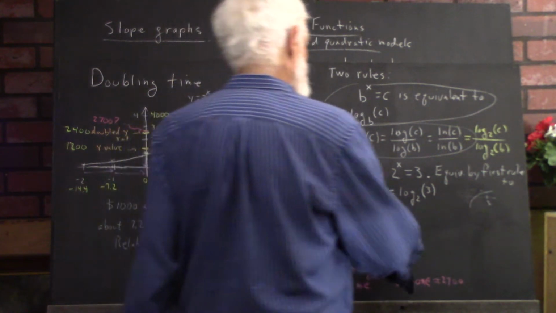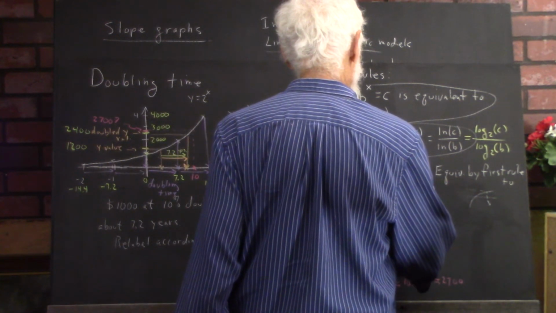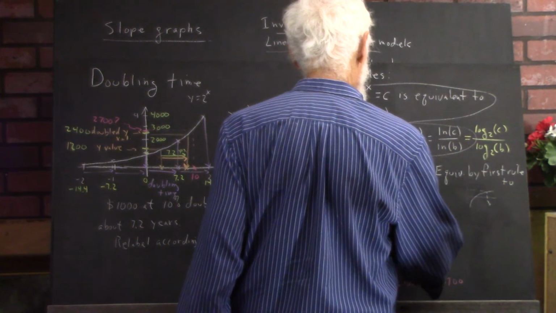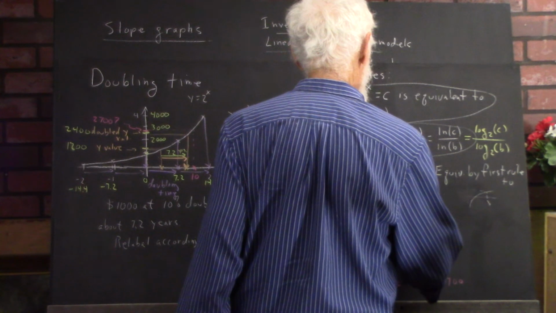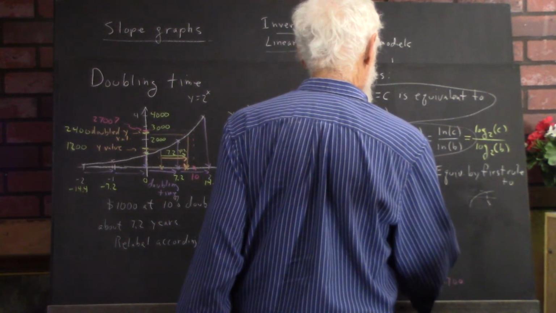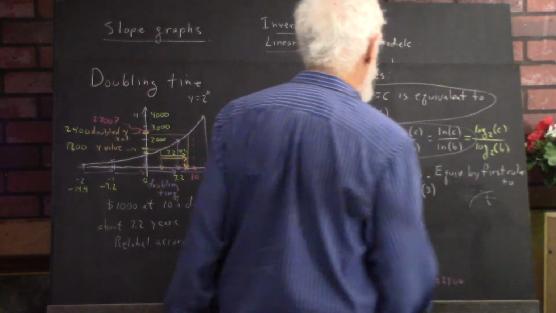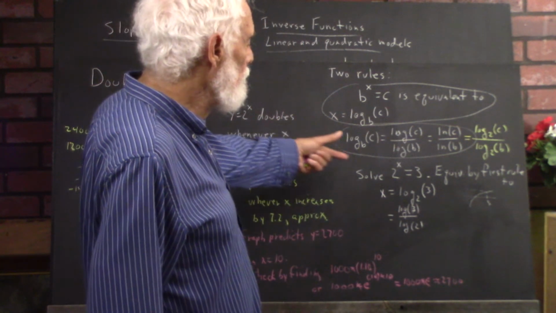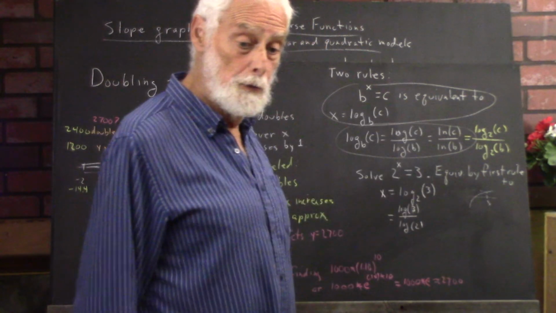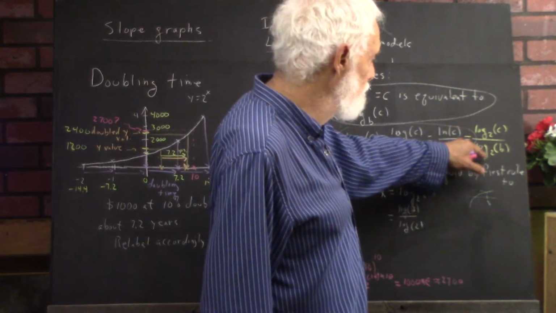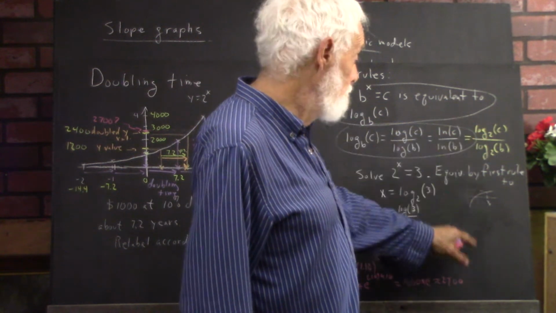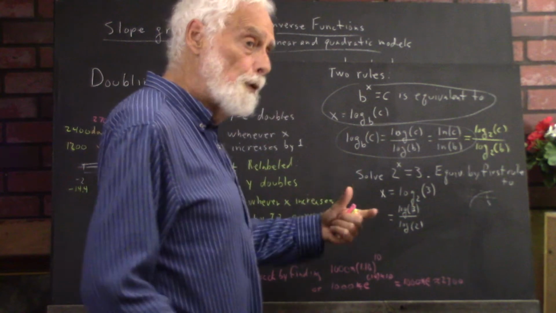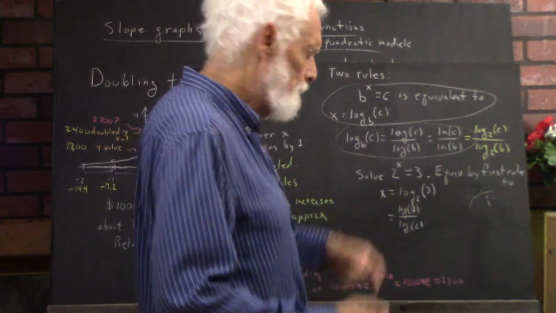But of course, you can go to your calculator. And it's log of 3 divided by log of 2. So log of 3 divided by log of 2, or if you prefer natural log of 3 over natural log of 2. Your calculator doesn't have a log base 2 button. Log base 2 is helpful if you want to see how it works out graphically, and it's always important to do that for a depth of knowledge.